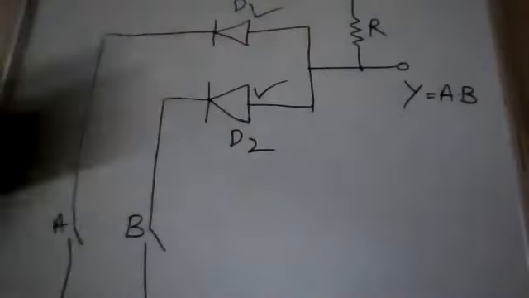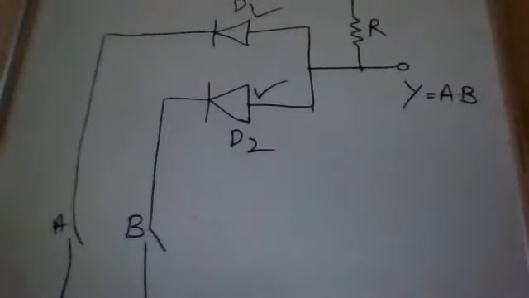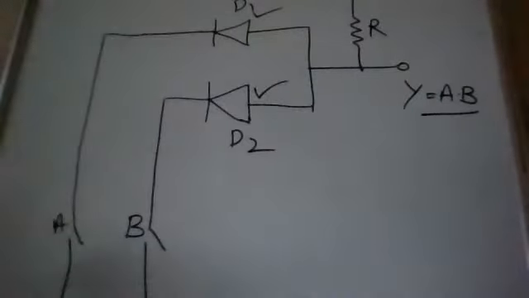D1 and D2 are diodes. This is the diagram. So from diagram, in the AND gate constructed using diodes, the output will be high only when both the diodes D1 and D2 are switched on by the inputs A and B.